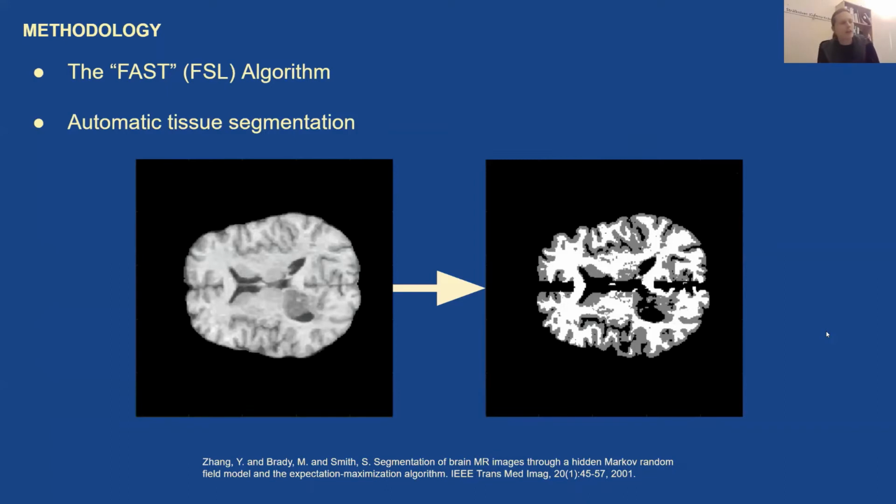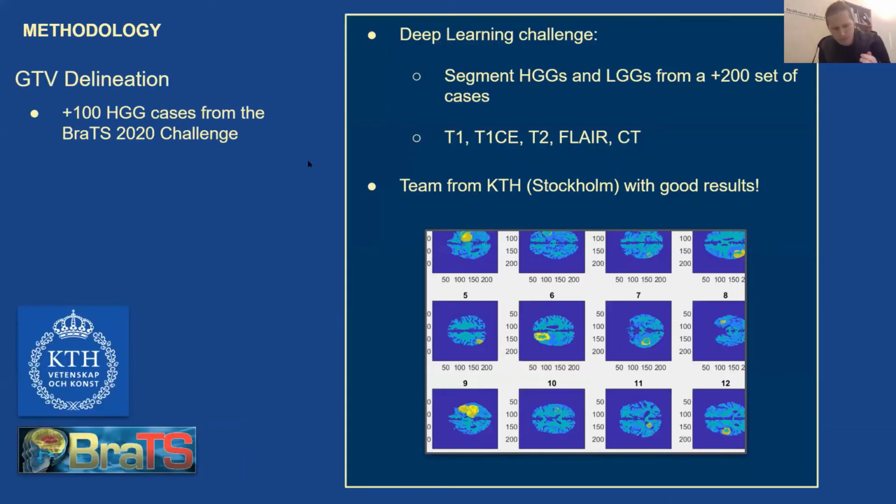The tissue types were segmented using the FAST FSL algorithm. This is an automated tissue segmentation. It's free to use, and it has had some good results. Now, we also wanted GTVs because we wanted to look at actual cases of high-grade gliomas. And to do this, we got access to the BRATS 2020 challenge data.